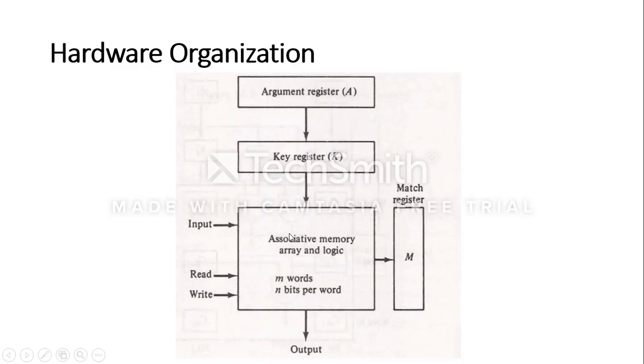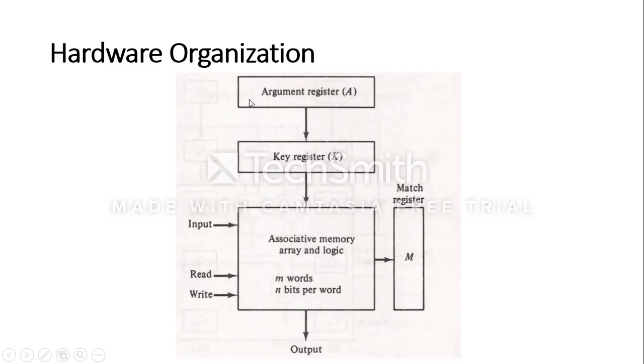Apart from this memory array and control inputs, we need to have three registers to design the working model of an associative memory. These three registers are argument register A, key register K, and a match register M. Now let us see what is the use of having these three registers in this configuration.